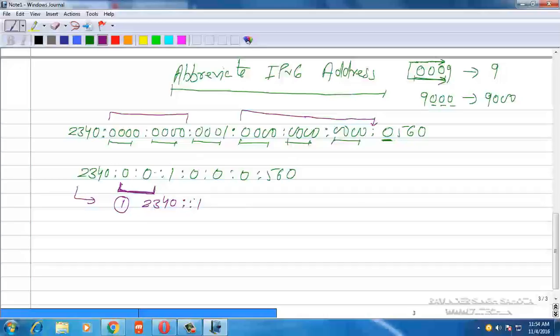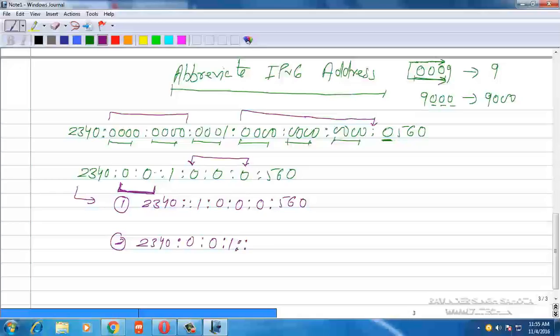Then the rest of the address: 1 colon 0 colon 0 colon 0 colon 560, right? But if we replace these three continuous zero quartets, then this address will become 2340 colon 0 colon 0 colon 1. Then these 3 quartets of all zeros will be replaced with a double colon.